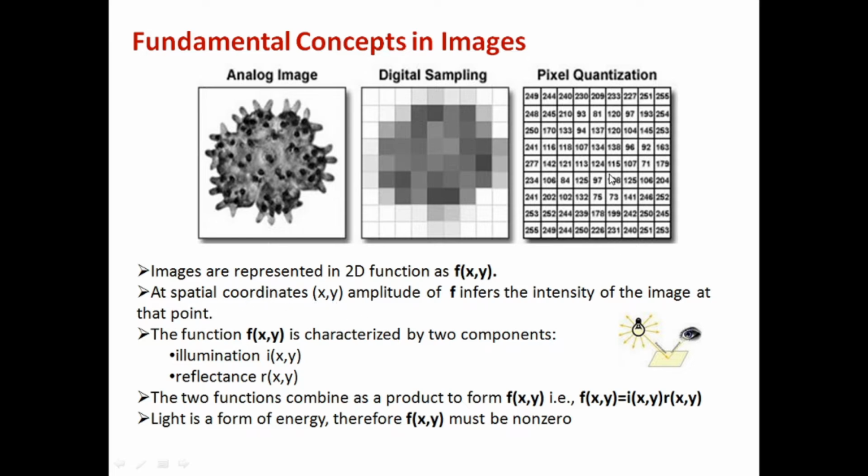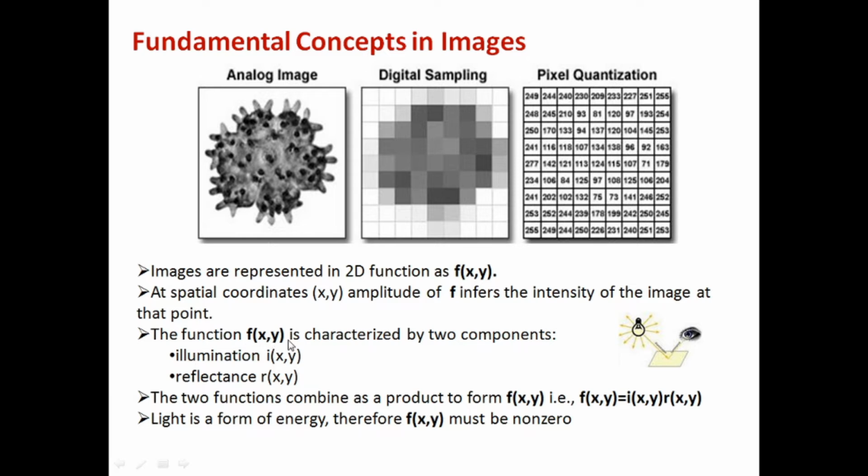At a particular location, I get a value, which tells me the brightness or the intensity level or the intensity value at that particular pixel location in the image.